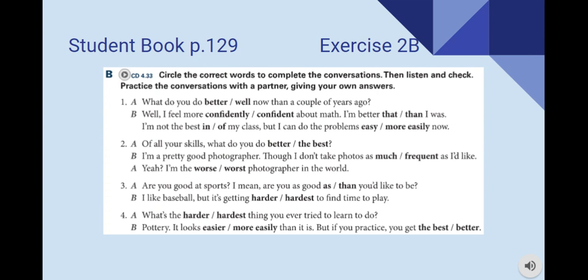For example, in number 1, here we have the adjective and we have an adverb. Here we're going to say, what do you do better than a couple of years ago? Well, I feel more confidently or confident about math. Please pause the video while you match and then come back to check.